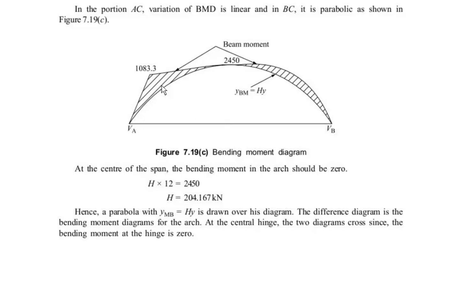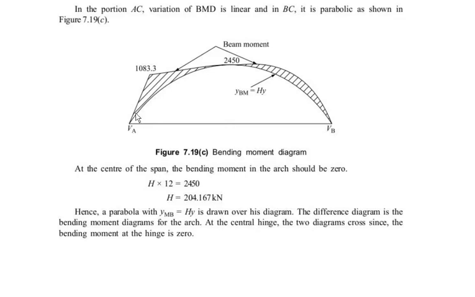This arch shape shows that the value of each ordinate in this arch is H into y. So here we can show that the moment at this point C is 0.